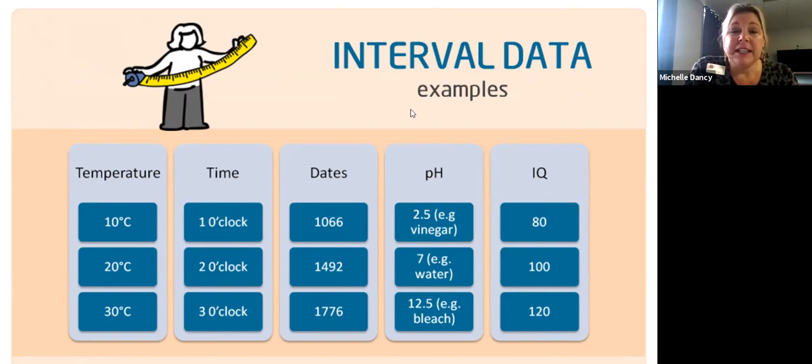Time, dates, the pH level, it kind of just goes on forever, kind of like temperature. Somebody's IQ, okay? Everybody has one. There is no absence of IQ. Some may be higher, some may be lower. We can find the exact meaningful differences between an IQ of 80 and an IQ of 100, but no true zero.